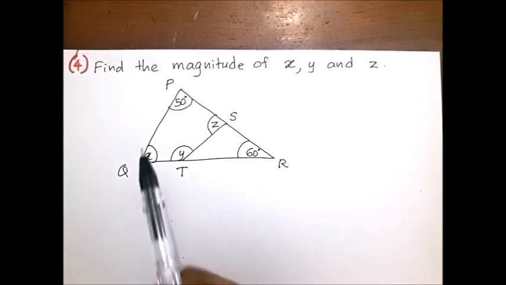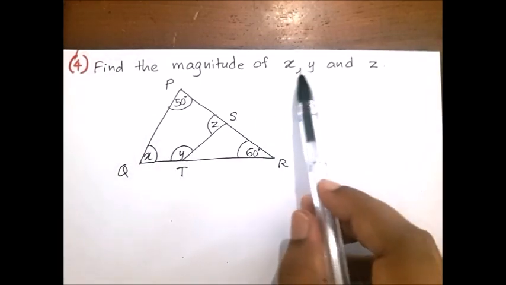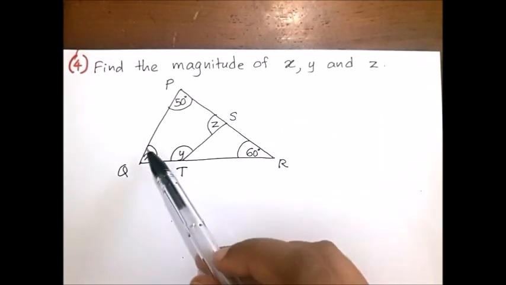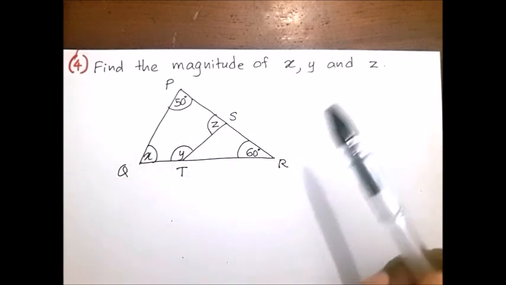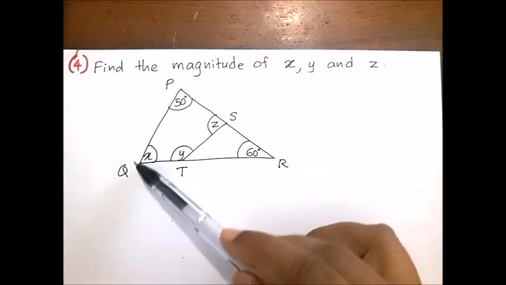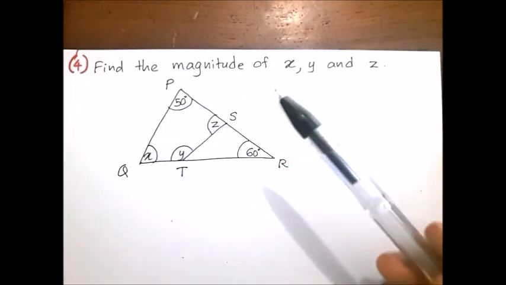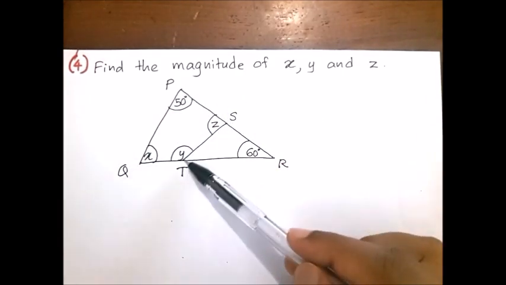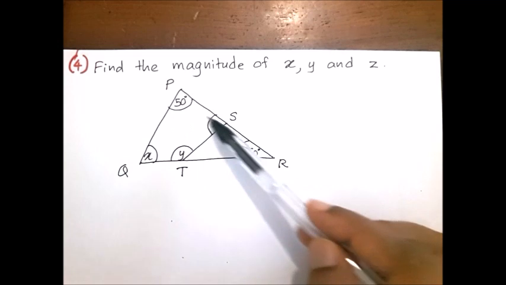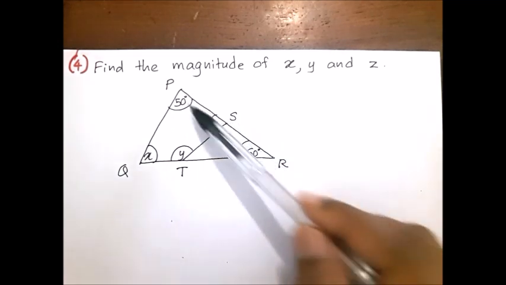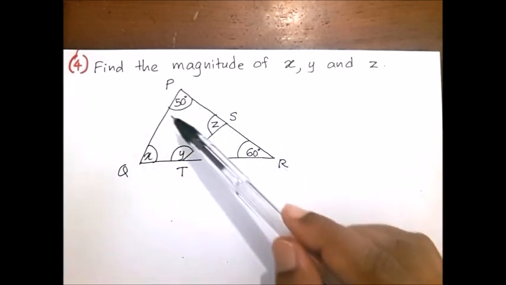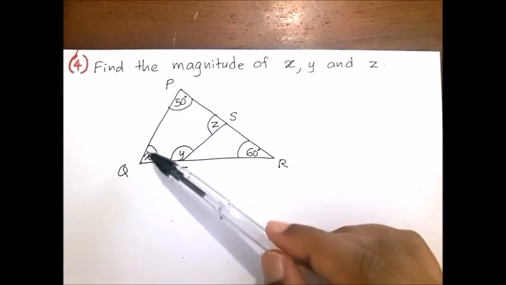Now look at this fourth example. Again you have to find the magnitude of x, y, z. Here you can see PQR is a triangle and PQTS is a quadrilateral. Using this triangle PQR, the interior angles are 50, x and 60.